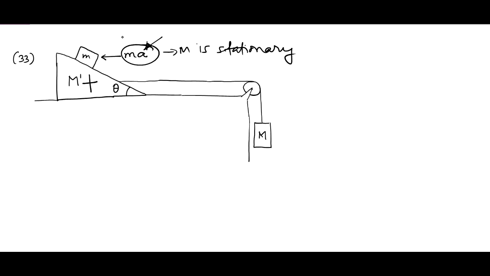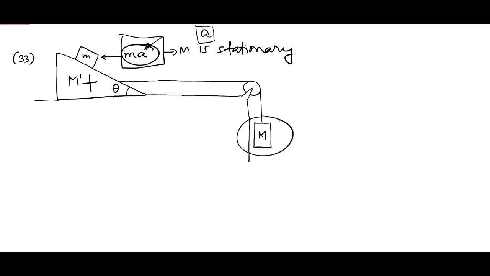So, for example, if we can find what is the force required to keep m stationary on M dash in the M dash frame, then we could equate that force with m into a, and that might be a method to find a. And once we get a, then it's possible that applying Newton's laws of motion, we might find M. So let's try to do it.